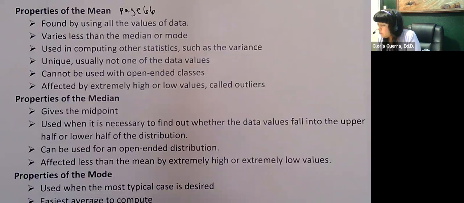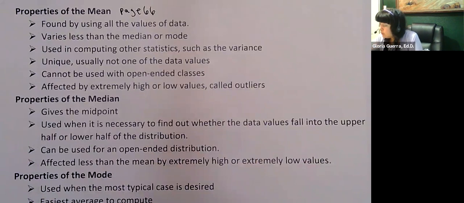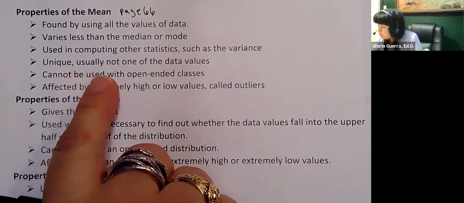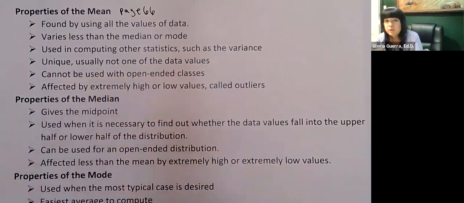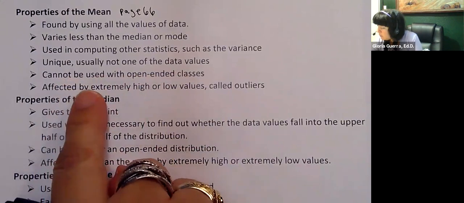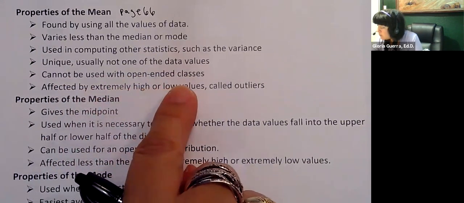It's used in computing other statistics, such as the variance, which we'll cover in the next section, 3.2, and is kind of how your data is spread out. It's unique. Usually it's not one of the data values, so when you get an answer, it's not going to be a data value. It cannot be used with open-ended classes.